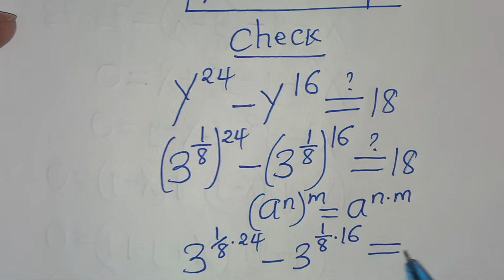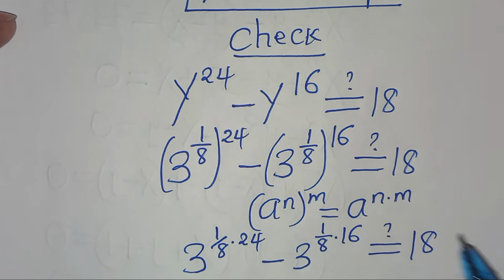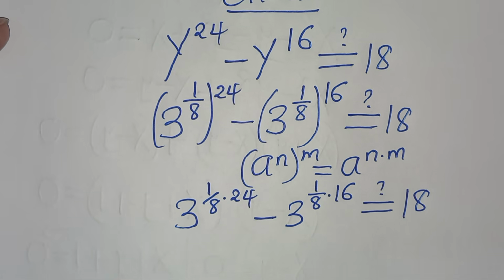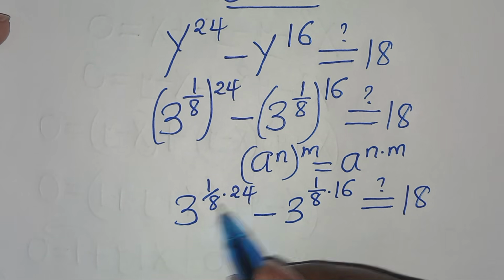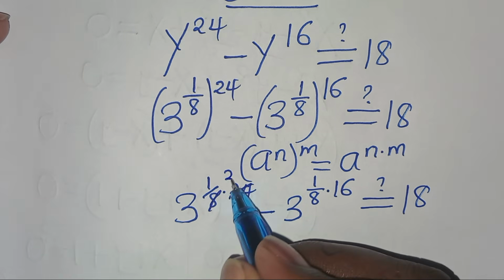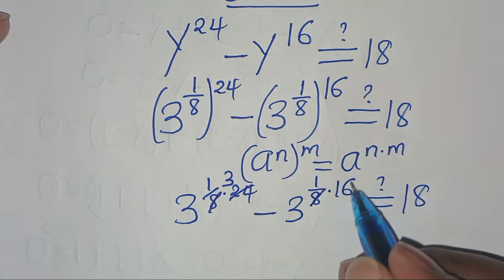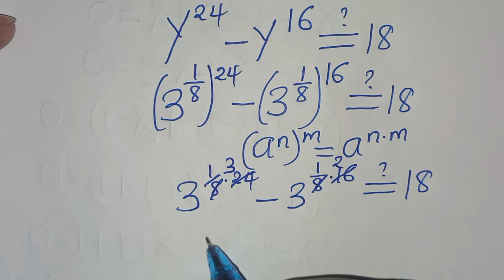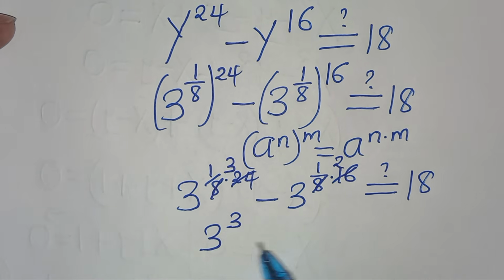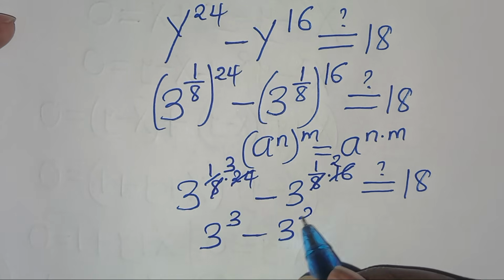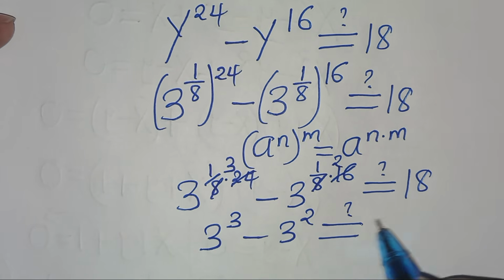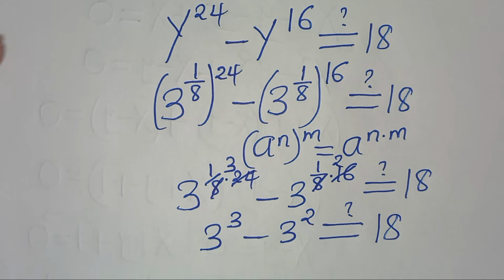This should give us a value of 18. Now, 24 divided by 8, this is equal to 3. 16 divided by 8, this is equal to 2. So we have 3 raised to the power of 3 minus 3 to the power of 2. This is supposed to give us a value of 18.